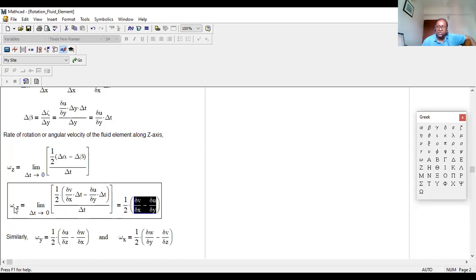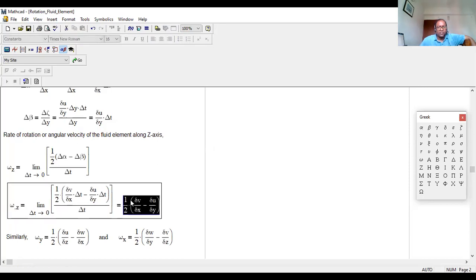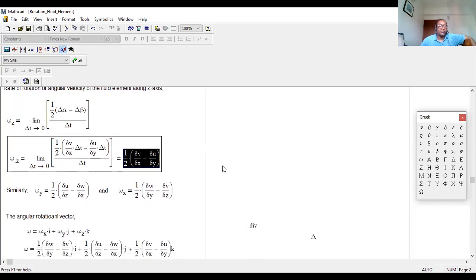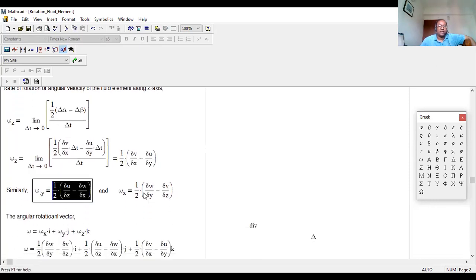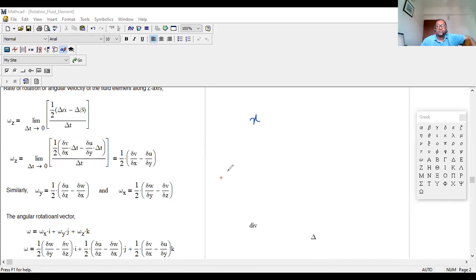Or you can just remember we are taking the average angular rotation. So this is the rotation along the z-axis. Similarly, this is the rotation along the y-axis, and along the x-axis will be this one. And for the z-axis, how will we figure out? If you write over here x, y, z, you get the rotation.